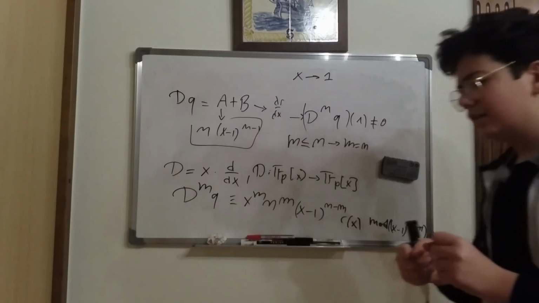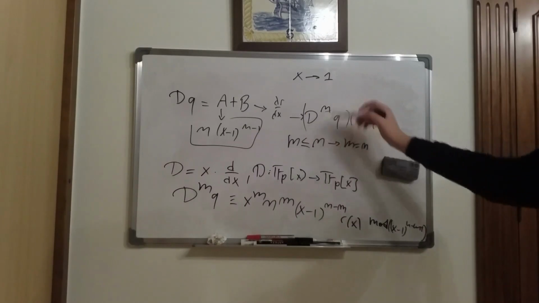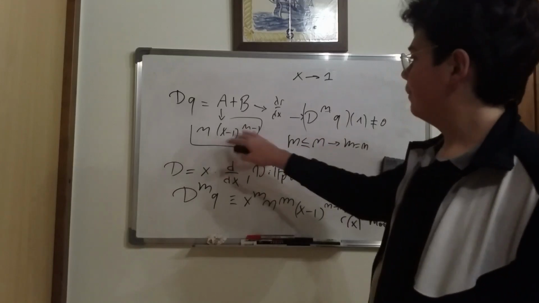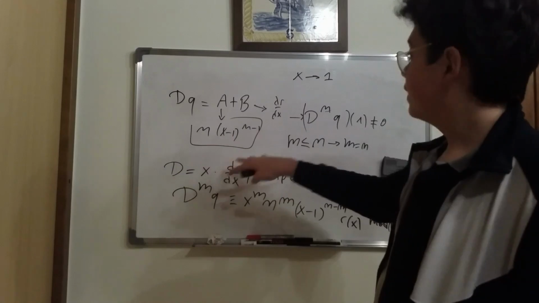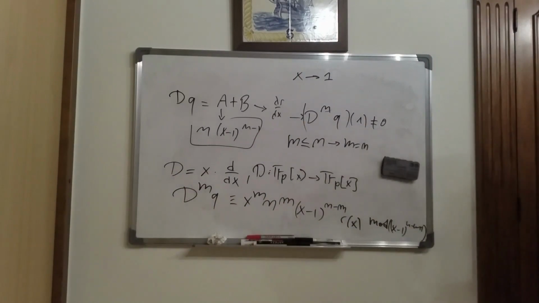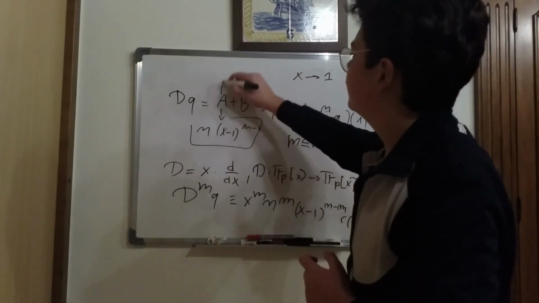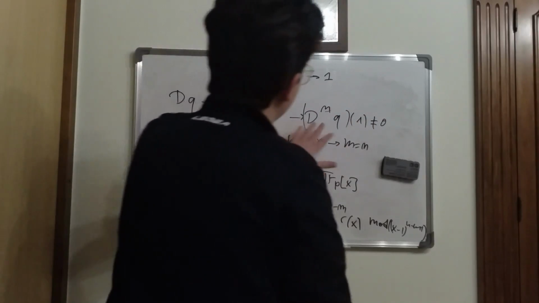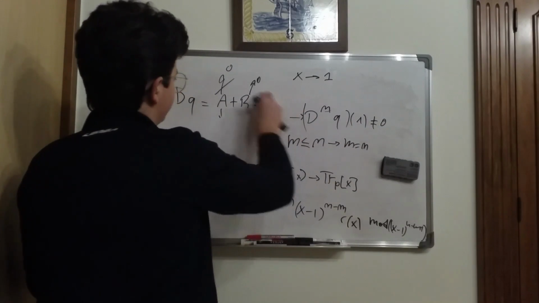When I derive m times, more than m times, here I have a thing that doesn't vanish. Here, this thing evaluated at point 1 vanishes, okay? So this is equal to 0, and this isn't equal to 0. So I have this expression. This expression is very important.